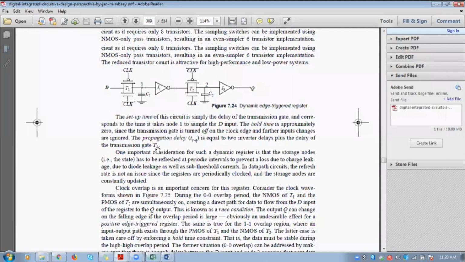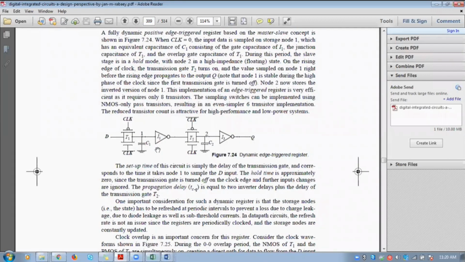Why we go for the master slave configuration is very important. The advantage of master slave configuration was that it doesn't have any race condition. In the previous designs, we were assuming that we don't have any overlapping clock. If you consider the overlapping clock, the master slave flip flop also has race conditions.